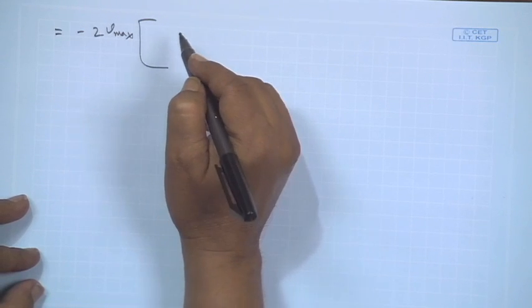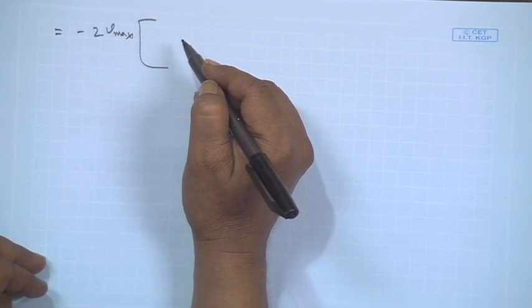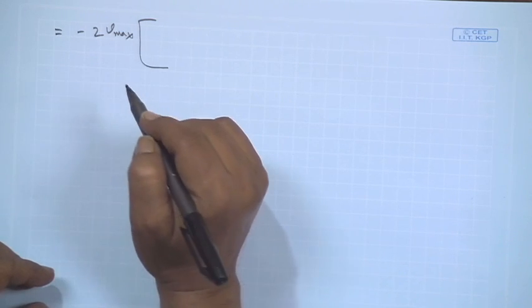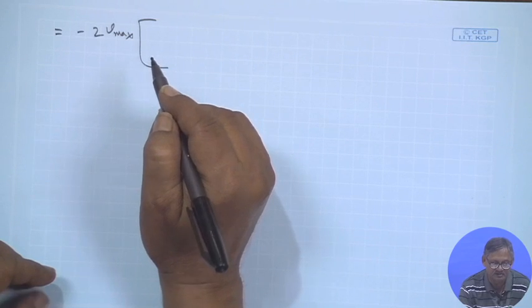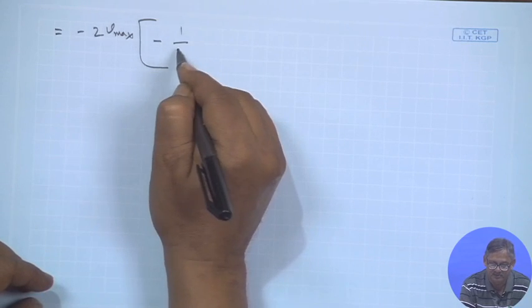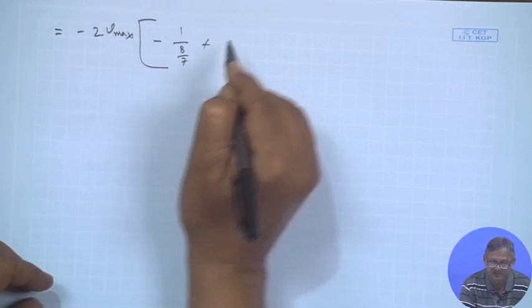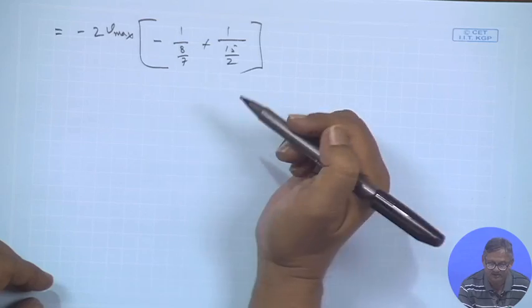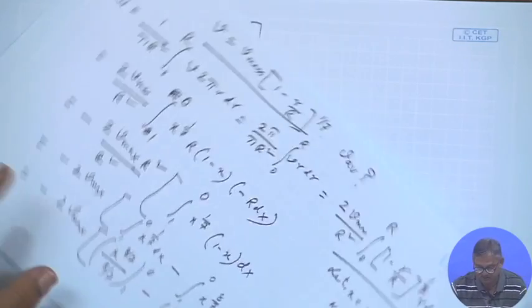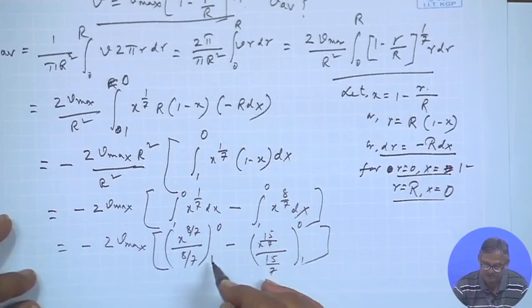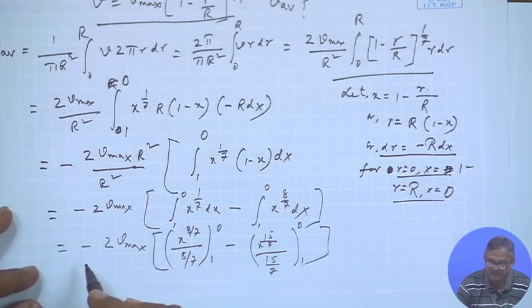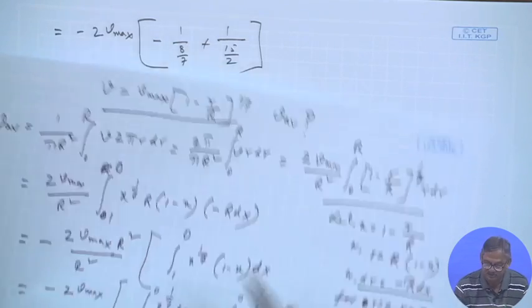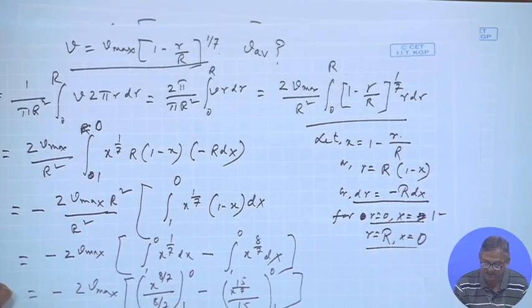x to the power 8 by 7, with limits 0 and 1. When we put this limit, we can write 1 by 8 by 7 plus 1 by 15 by 7. Because this, when we had seen, this was between the limits, we maintained minus 2 V max, and this was x to the power 8 by 7 by 8 by 7.